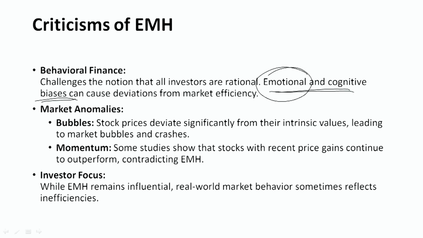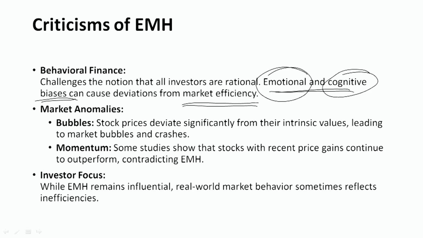So if the market is considered to be efficient, you should remove your emotional and cognitive biases and put your money based on the actual performance of the company. Only then can the market fluctuate and be considered an efficient market.